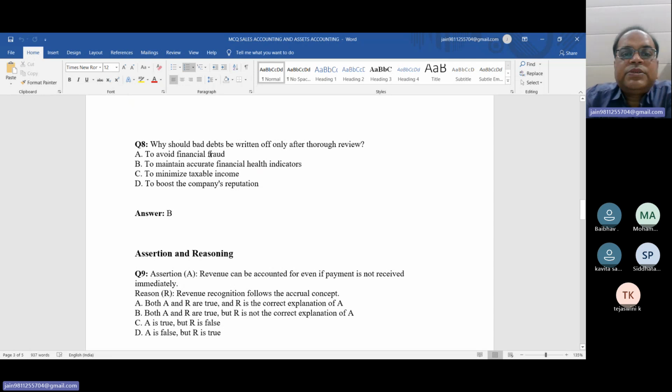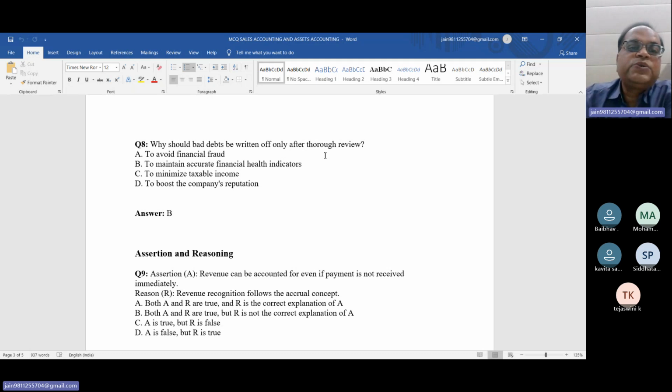Why should bad debts be written off only after thorough review? For claiming the bad debts, we have to follow all types of rules and regulations. Then we can claim such an amount as bad debts.